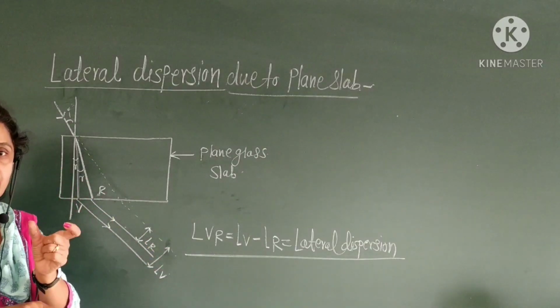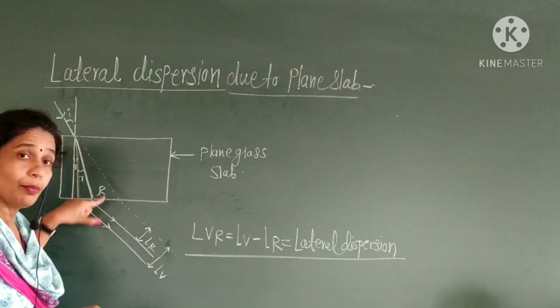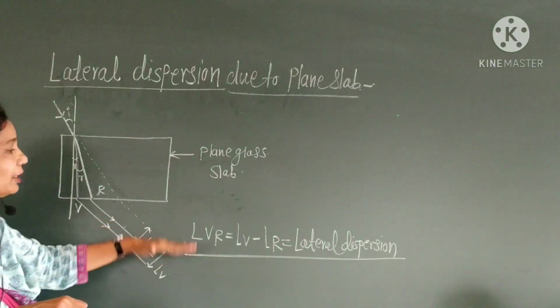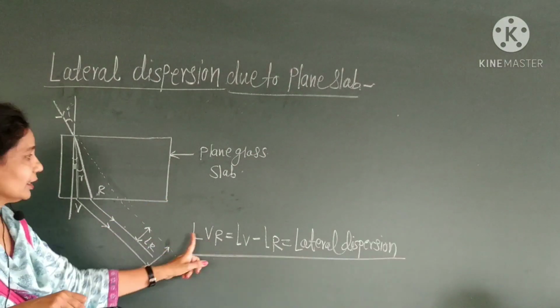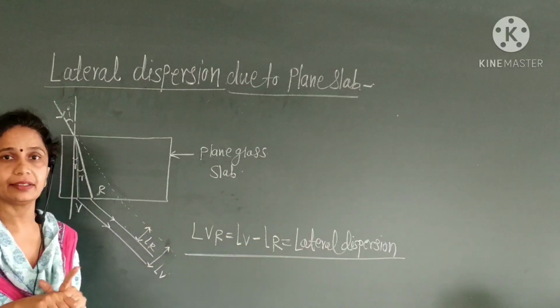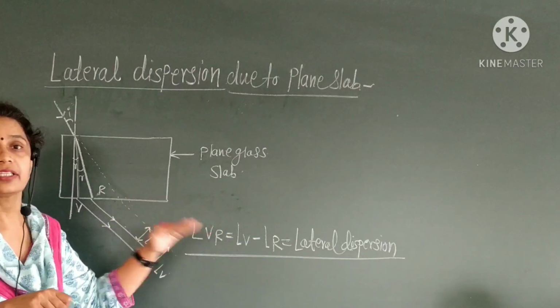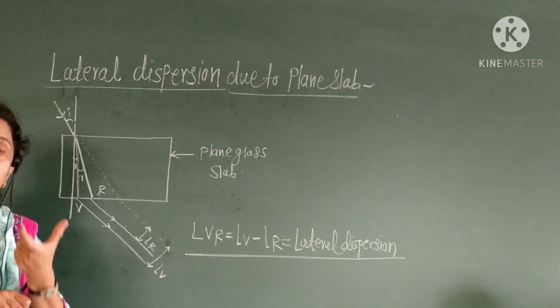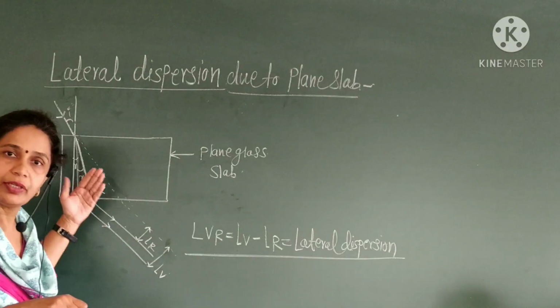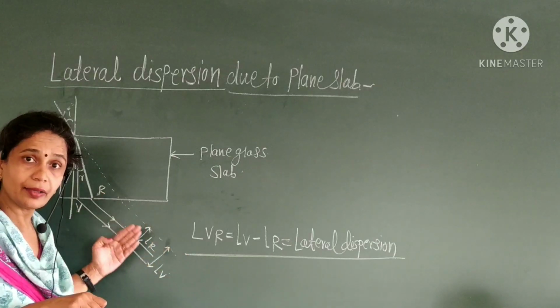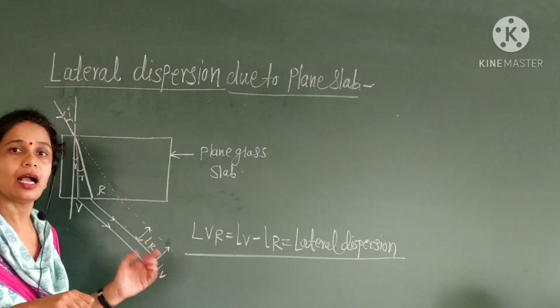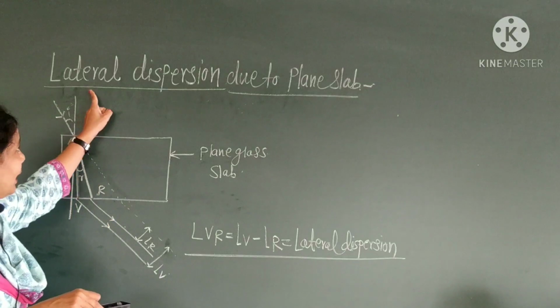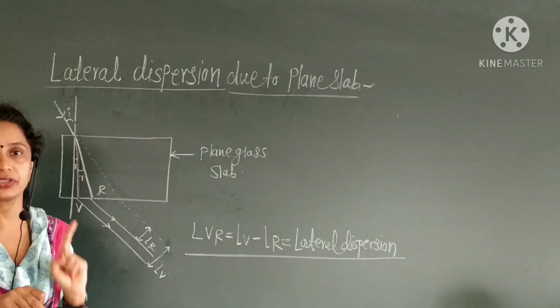That distance is the perpendicular distance, and that perpendicular distance is called lateral dispersion. Okay? Therefore, lateral dispersion is the perpendicular distance between the incident rays and the emergent rays.